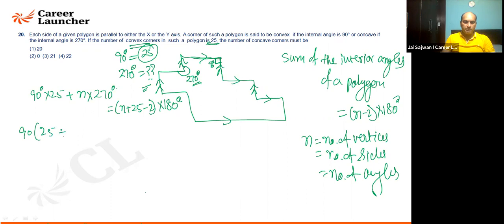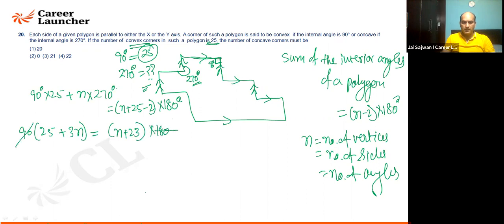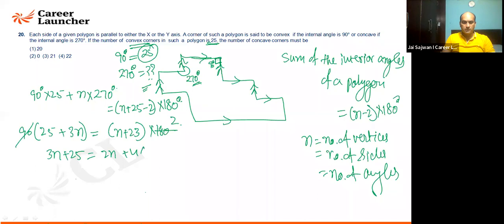I can say 25 plus 3n is the value coming here. It is (n plus 23) into 180 degrees. I'll cancel this, and 2 will come here. 3n plus 25 is equal to 2n plus 46. So n comes out to be 21. So how many angles are concave? There are 21.